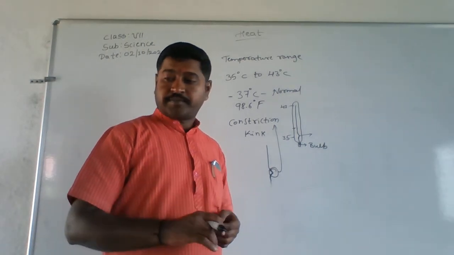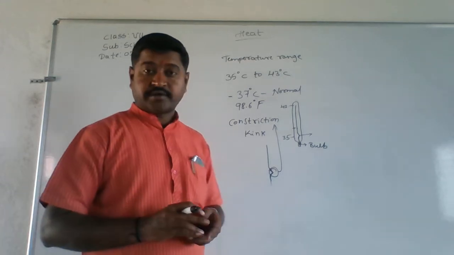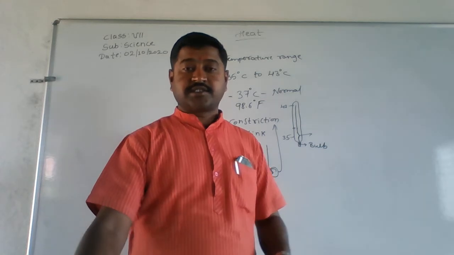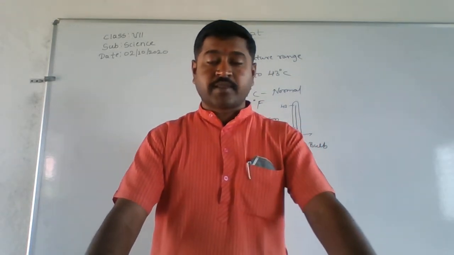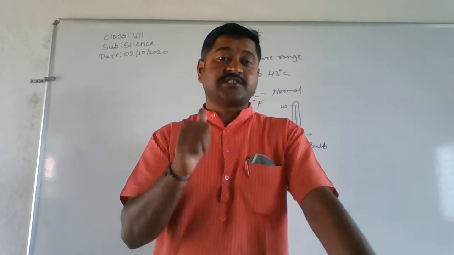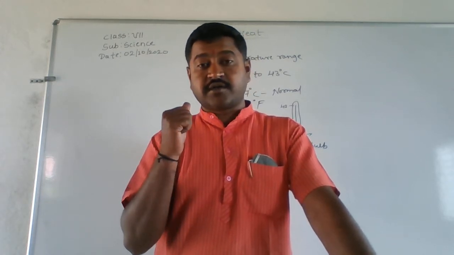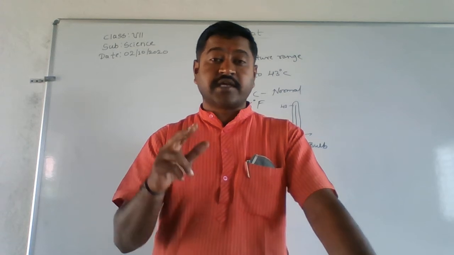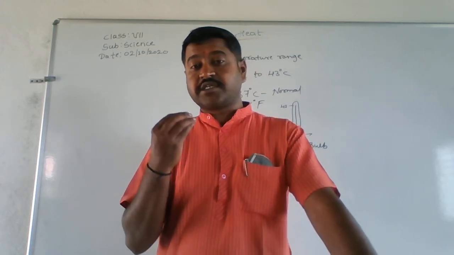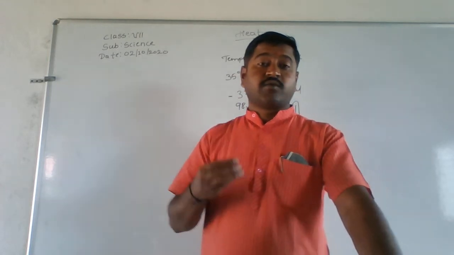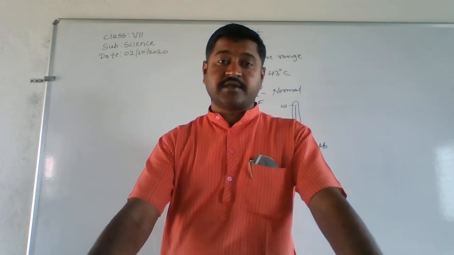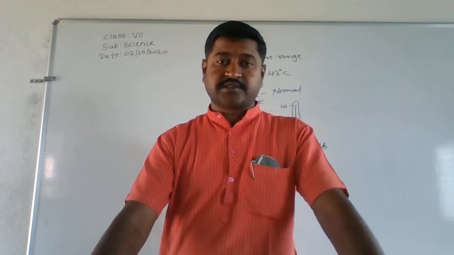So this was about the clinical thermometer and its temperature range. Alright, I think it's enough for today. What have we seen? We have seen what was taught in the previous class: what is heat, what heat is measured in, what is temperature, on what scales temperature is measured, and which is the SI unit of temperature, Kelvin. That was in the previous class.